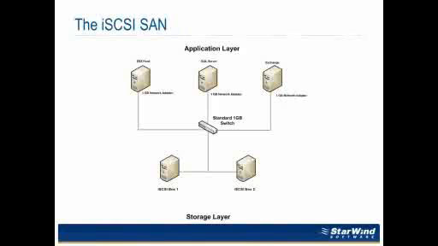And when we get down to the iSCSI boxes, there's a couple of alternatives that you have as a consumer of this technology. One, you can go with the higher end, appliance-based solution, or you can go with a software-based solution.